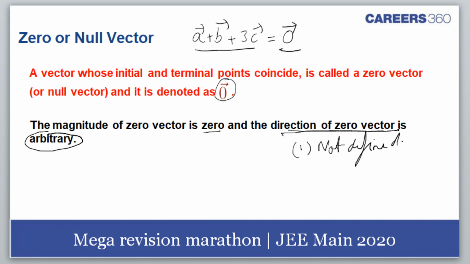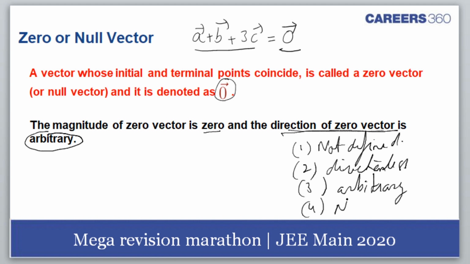Then there was a choice like directionless. And then third, it was something like arbitrary. That was the right answer. And the fourth one was none of these. Then arbitrary is the correct answer. Okay, arbitrary.